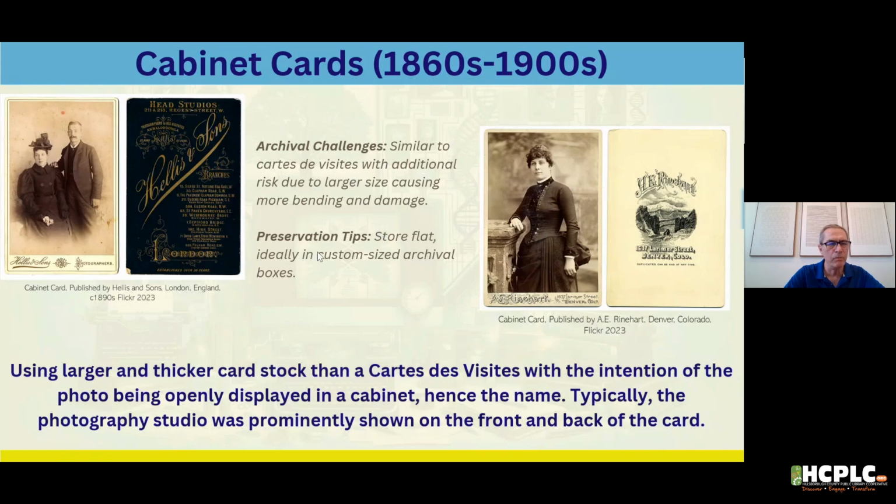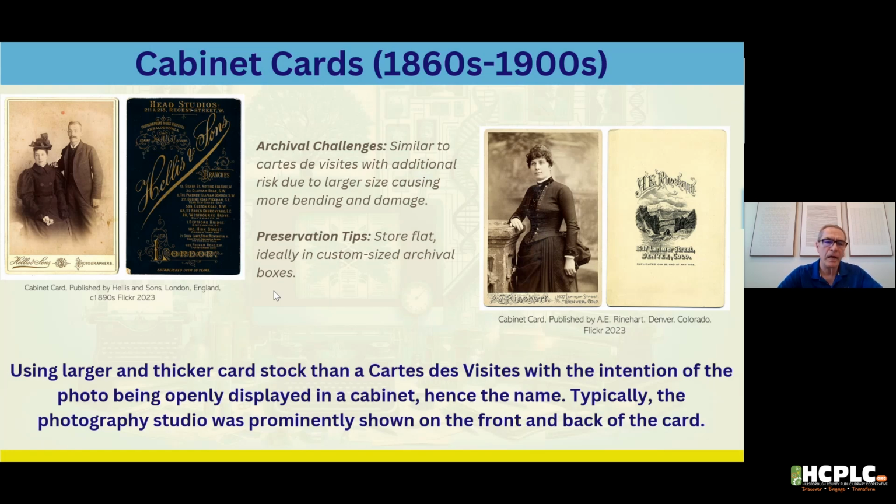But if you turn these over or take them out of the frame, you might see the studio on the back. And the reason the studio is important, and we'll talk about this a little bit later on, is many studios we can date. So if we went into this studio in Denver, we may be able to find the dates that this studio was in business and actually date the photograph from it.